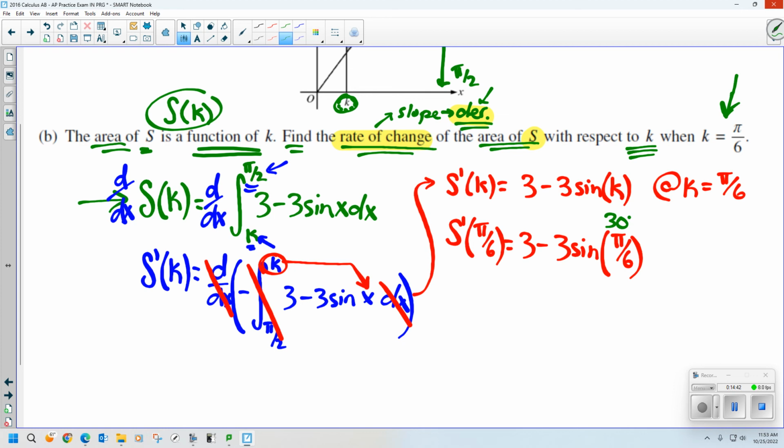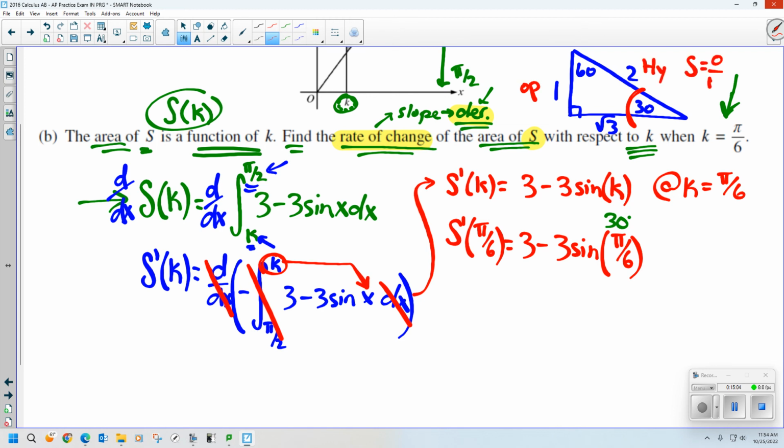Let's do that to the top here. 60, 30, it's 1, radical 3, and 2. Now we want the sine of 30, which is opposite over hypotenuse.